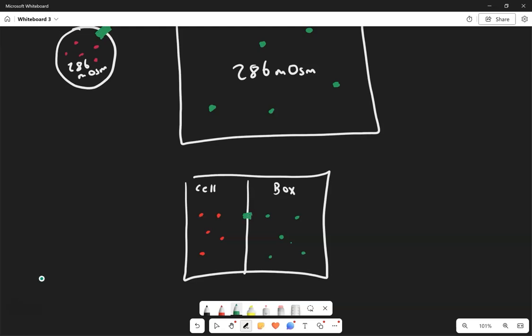So if this happens, the green will move from the box to the cell. So if green moves out of the box and into the cell, what happens to the osmolarity of the cell? It was 286, right? But now I'm putting more stuff. So the movement of green causes the increase in osmolarity of the cell.